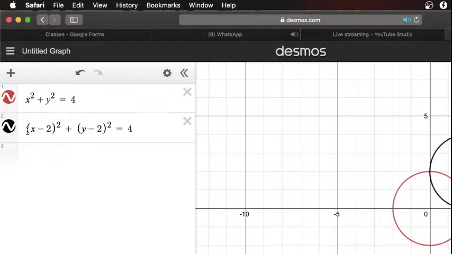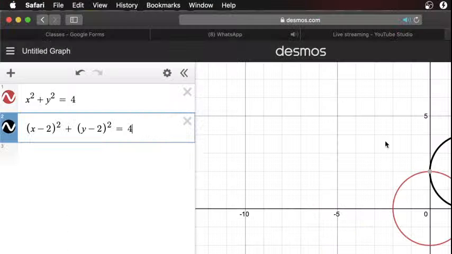So when you take x minus 2 whole square, you are moving the origin by 2 paces to the right, and you are moving the position of the origin of the y axis to this position 2. Hence, with respect to the point 2 comma 2, you would have the same equation, x square plus y square. Hence this equation would also look like a circle, but we would not have a direct relation like x square plus y square equals 4.